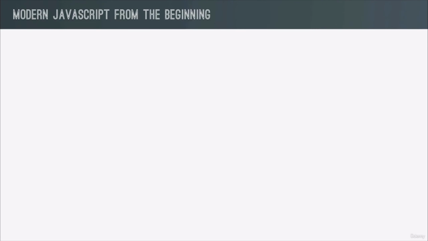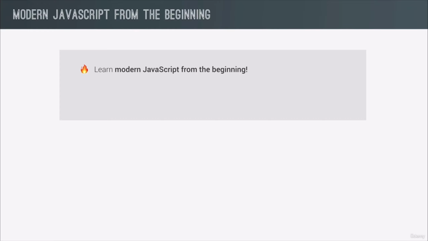Okay, and now to finish, let's quickly talk about how versions, or releases, are taught in this course. So, as I said earlier, I will teach you modern JavaScript right from the beginning of the course. Now, I used to teach this course starting with ES5 and then moving to ES6 in the middle of the course. But now, after a couple of years, it was time to fully move to modern JavaScript.